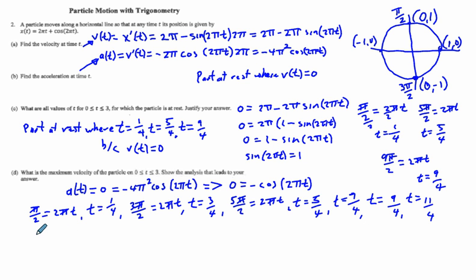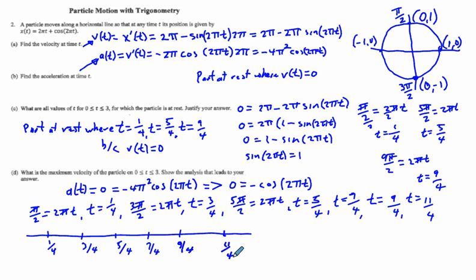And we can write the critical numbers like this on a number line. Between 0 and 3, we have 1/4, 3/4, 5/4, 7/4, 9/4, and finally 11/4.